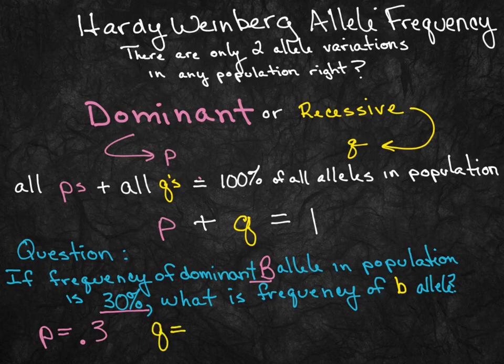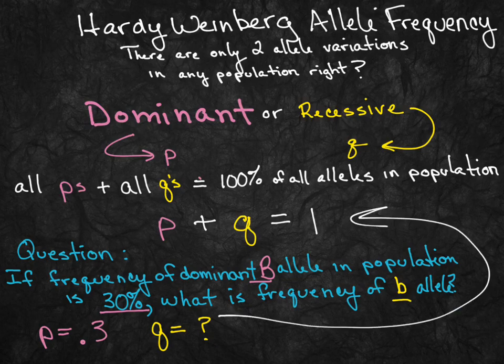Now what about Q? We don't know what that is. We're solving for that. But we have this handy dandy equation, P plus Q equals 1. So let's plug in what we have.